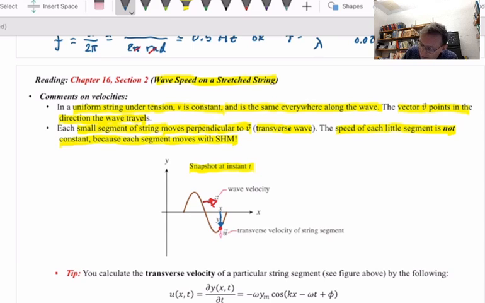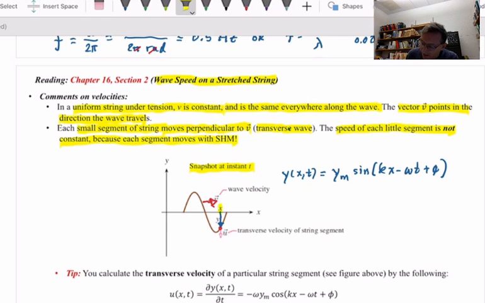That displacement would be given by the wave function we talked about in the previous lecture: y max times the sine of kx minus omega t plus phi. I would plug in this x value and this t value into this formula, and that would tell me the y right here.